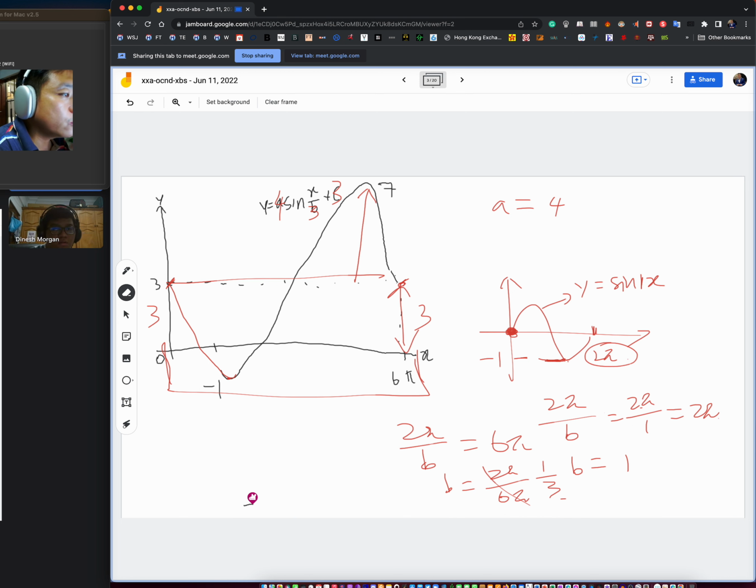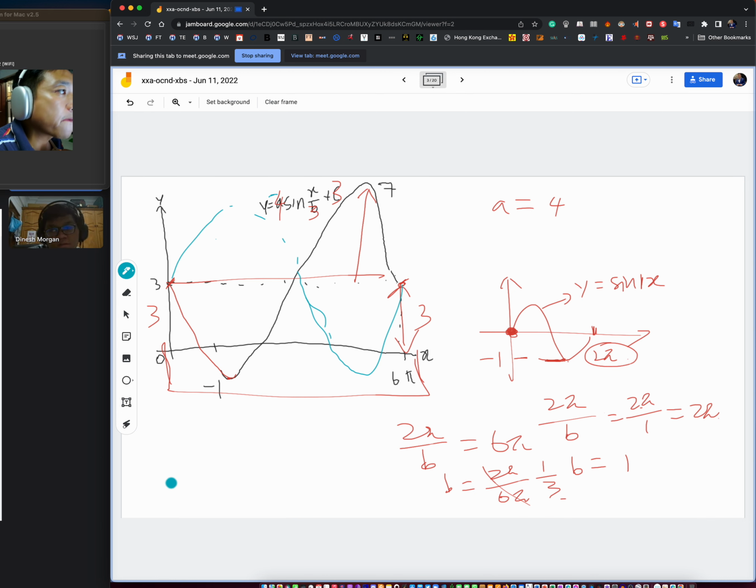Because if you key in y equals 4 sine 1 over 3 x plus 3, you are supposed to get this one instead. So negative 4, right?